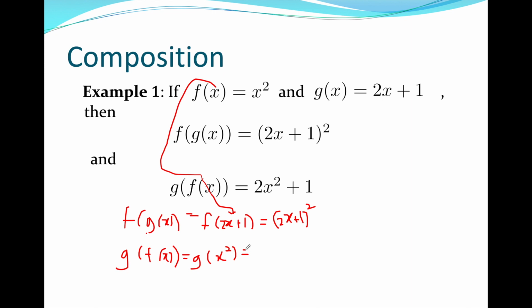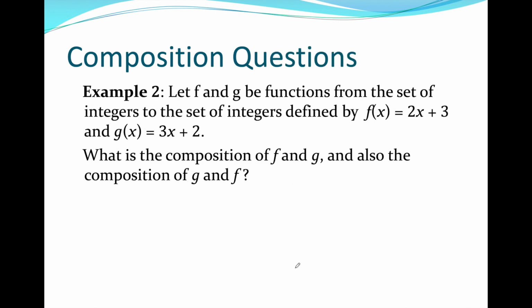The x in g is represented with x squared. So now g(x), which is 2x plus 1, becomes 2x squared plus 1. Why is it x squared here? Because now in here it is x squared, right?